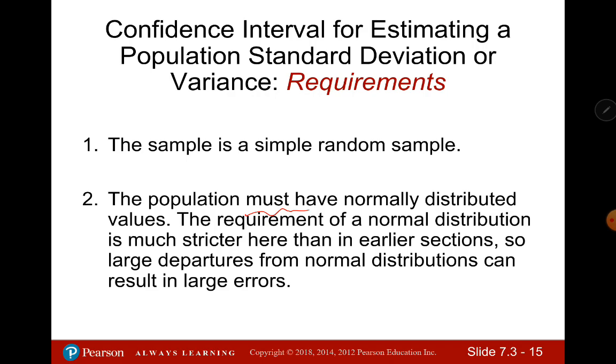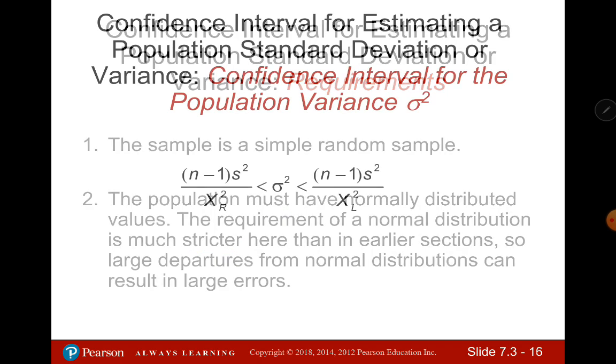Remember that requirement for the confidence interval for mu. This time we have a stricter requirement here. It must be normally distributed. If it's not normally distributed, it can cause large errors.